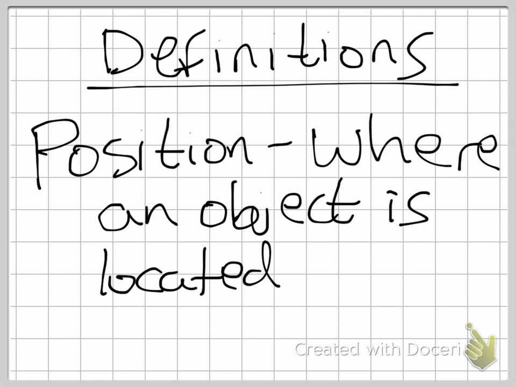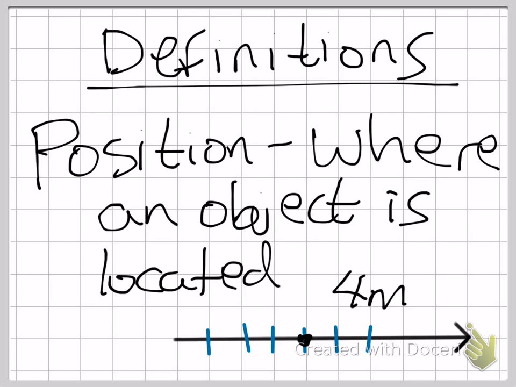For example, if we had a starting point of 0, and each one of these boxes or lines on this graph represents 1 meter, then if the object is right here, we can say its position is 1, 2, 3, 4 meters away. So that is a quick example of what position means. It is telling you where something is, and it is basically that simple.